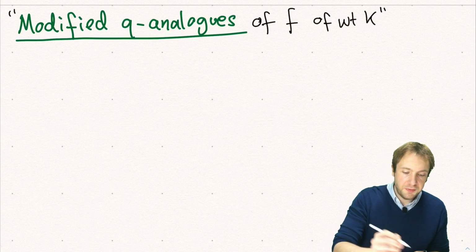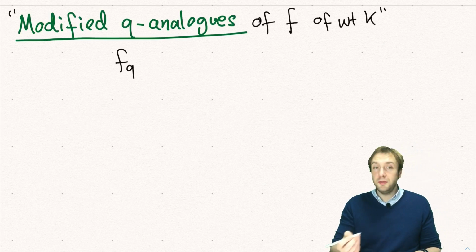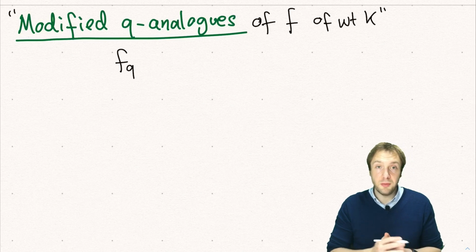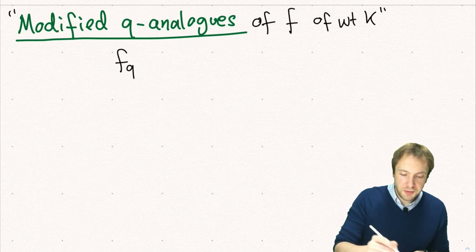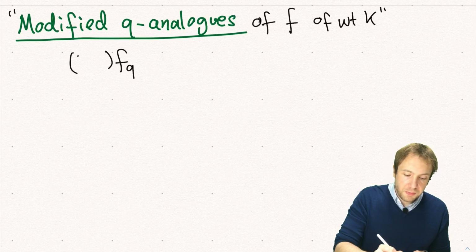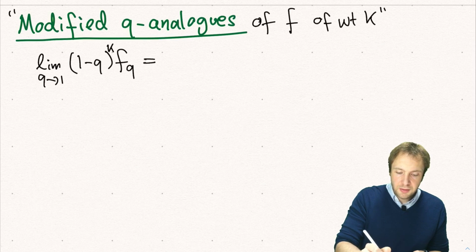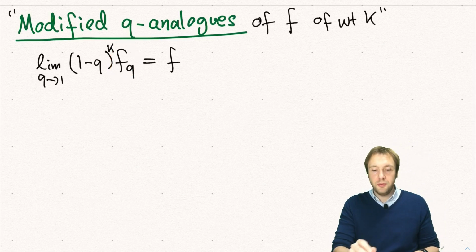What I mean by this is that I have some q series, for example f_q, which depends on some variable q, where q is again an element in the open unit disk. And by modified q-analog, I mean that I first need to multiply by 1 minus q to the power k, and then send q to 1. And if this gives back f, then I call this f_q a modified q-analog of f.